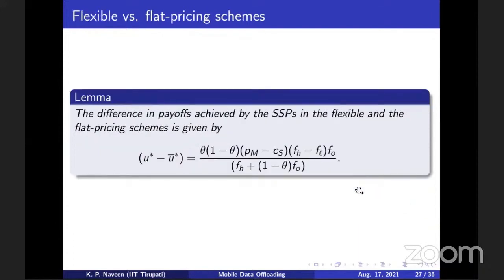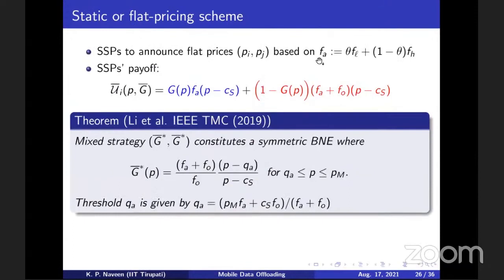We call ours the flexible pricing scheme, because the SSPs are given the flexibility to dynamically set the prices. This is the flat pricing scheme because the SSP is supposed to announce a single price here, so there are no two different prices. Let's say that a priori the SSP has to set a single price.